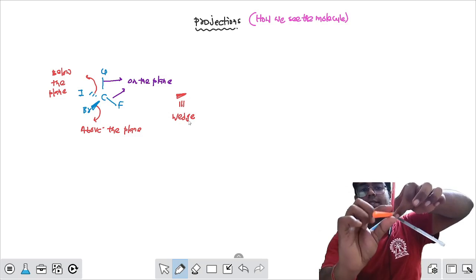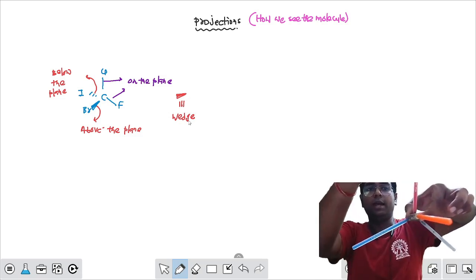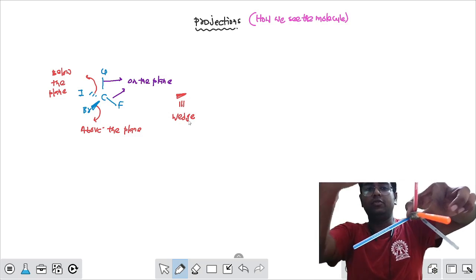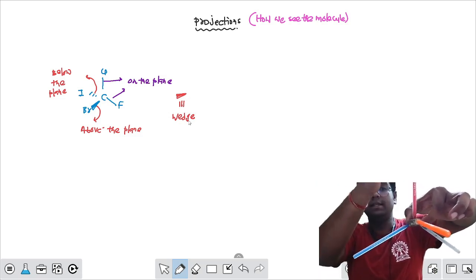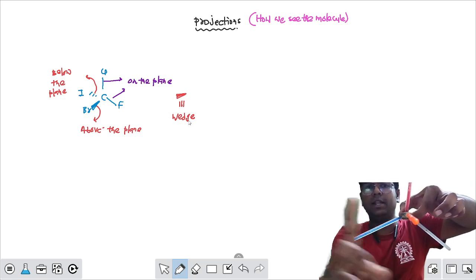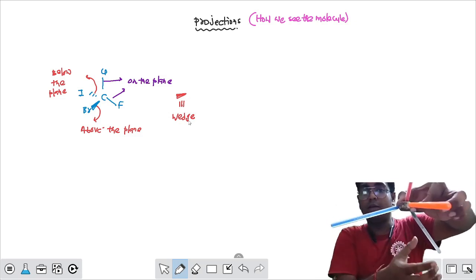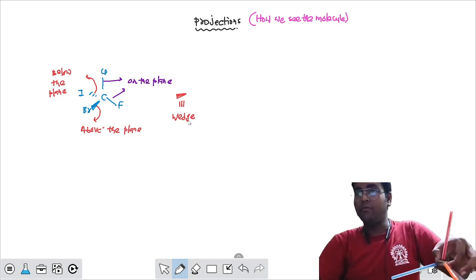So this is above the plane and this is below the plane, of the plane consisting of the C-Cl and C-F bonds. This C-Br bond is out of the plane, towards you, and this C-I bond is below the plane, or away from you.